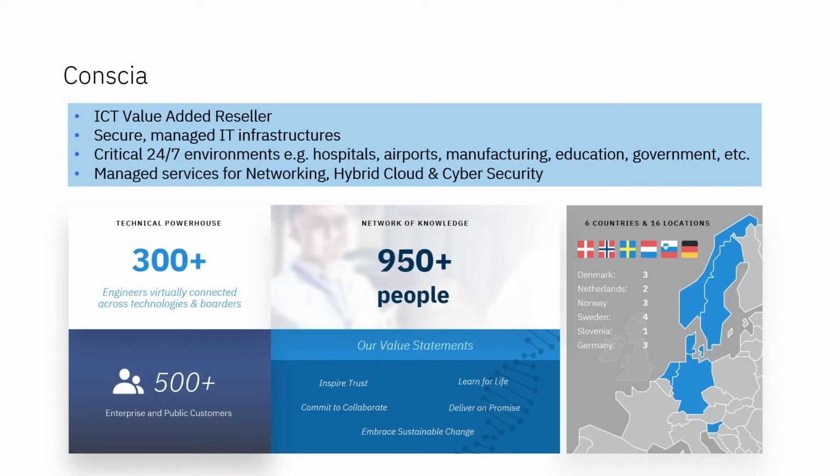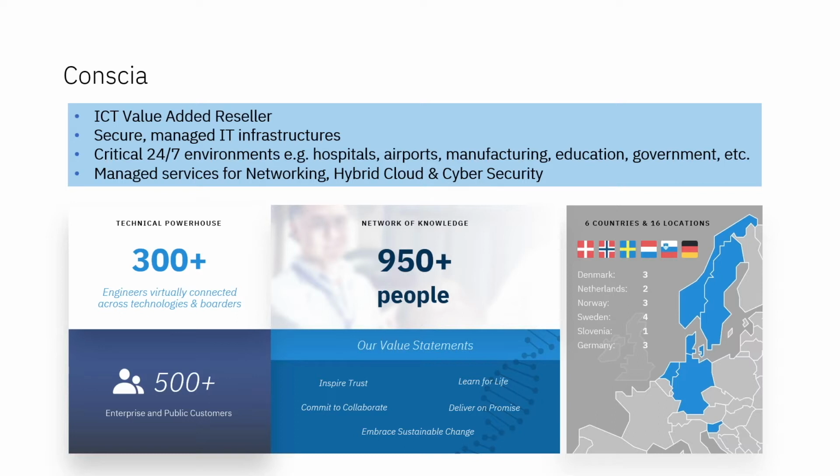About Consia, like I said, we are an IT company, so we're an ICT value-added reseller, primarily for Cisco, but we also do Extreme and NetApp and some other stuff as well. And we deliver secure managed IT infrastructures in the Northern Europe area.